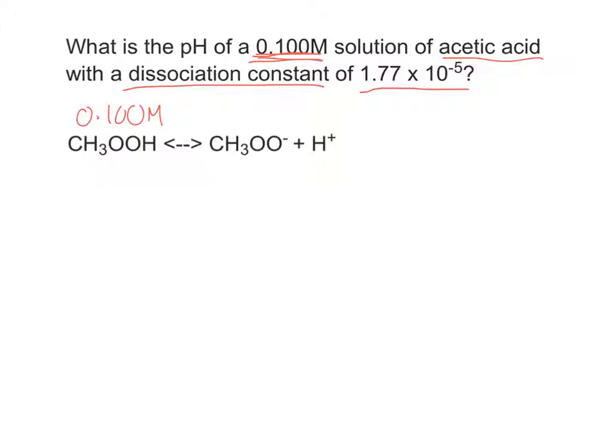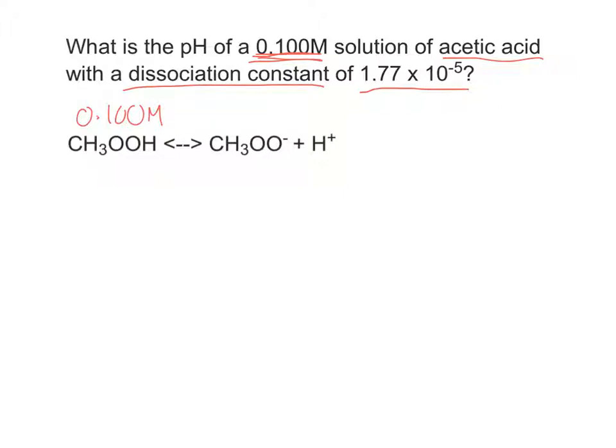Now, the concentration on the other side, we don't know, but what we do know is that, just like we did in a couple of other examples we've done on worksheets, the two products come from one source, which means whatever the concentration of the hydrogen ions is also the concentration of the conjugate base on the other side.